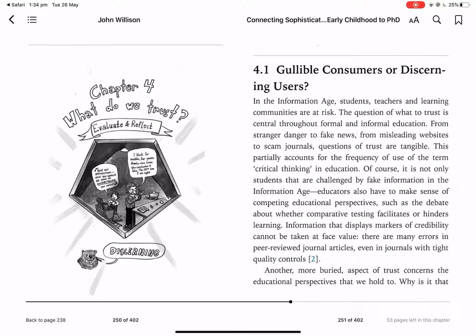So this facet is unpacked again with further stories and details, and looking at what we, not just students, but for teachers, for you and I, also, what do we trust?